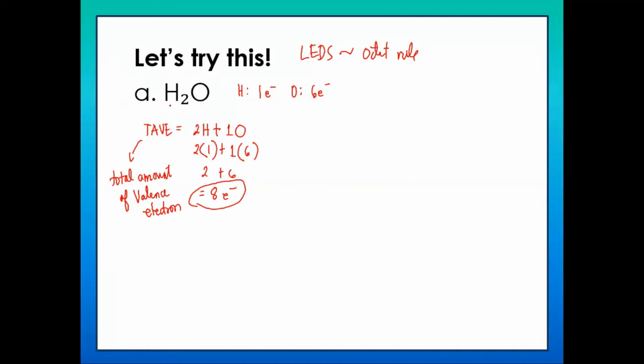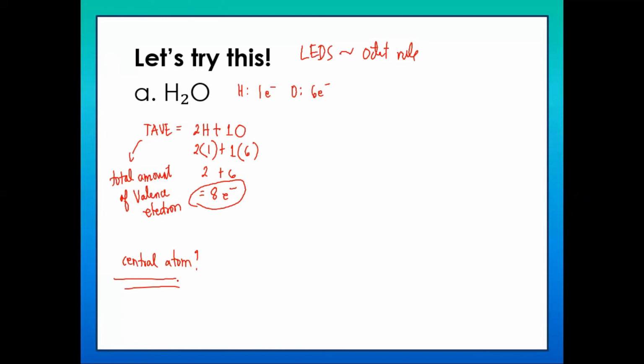Now, there are 2 atoms of hydrogen and only 1 atom of oxygen. So in this case, we have to identify which of the elements is the central atom. Who do we put in the middle? The central atom means the atom that you will locate or position in the middle.